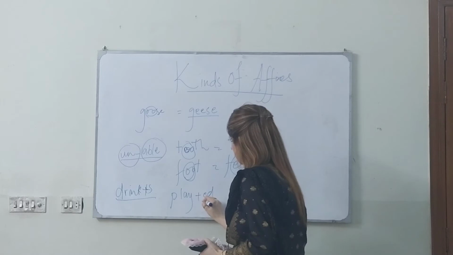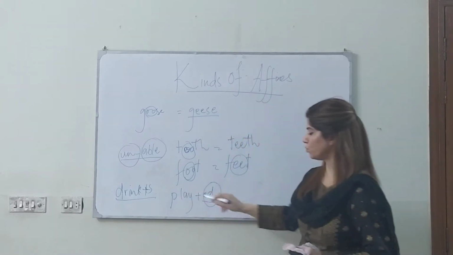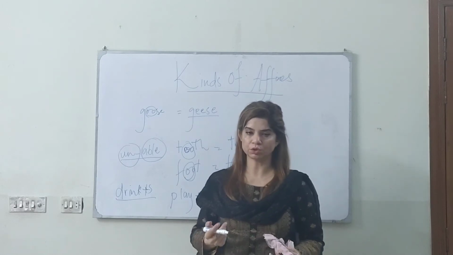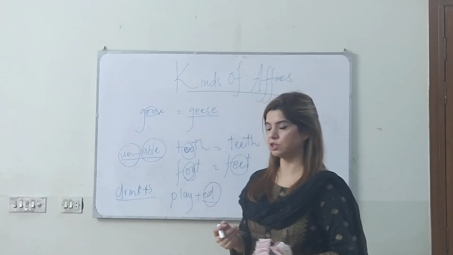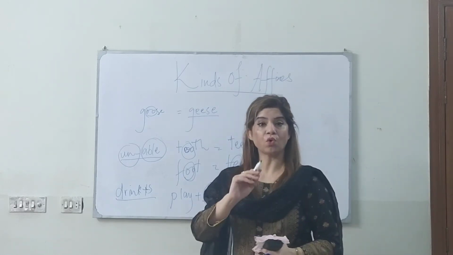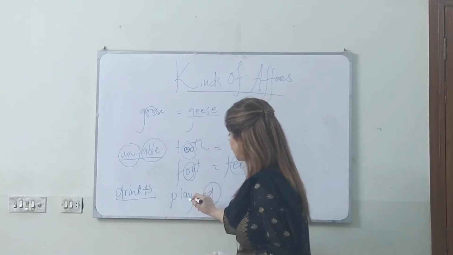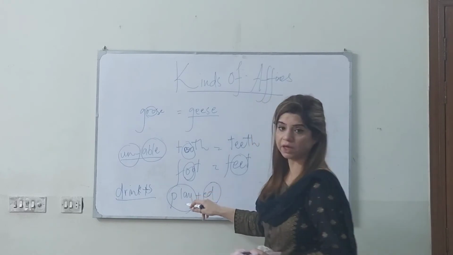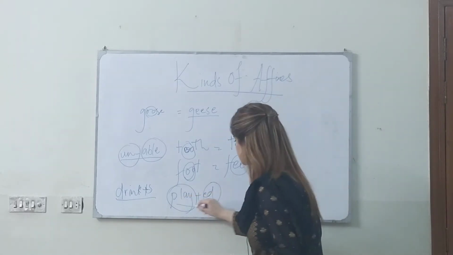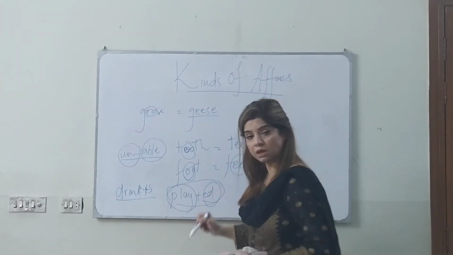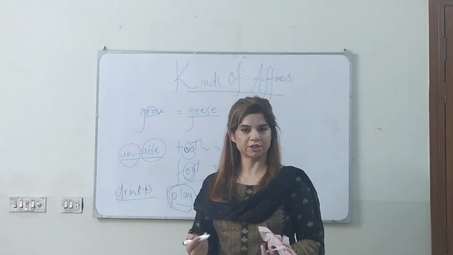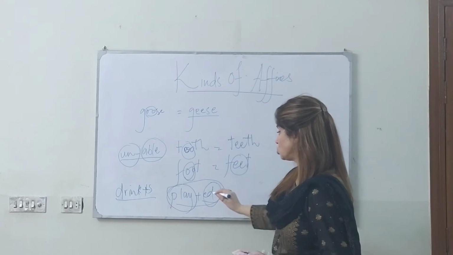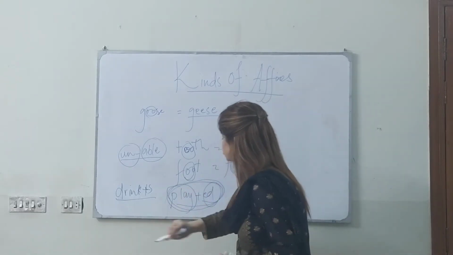We will add ed. So what do you think? Have we made a new word? Definitely it's not a new word, it has just changed the form of it. Play is used in present, and if we add ed to it, it will become past tense. So ed is also known as a morpheme, and again a little attachment. So we have changed the grammatical structure of the word.